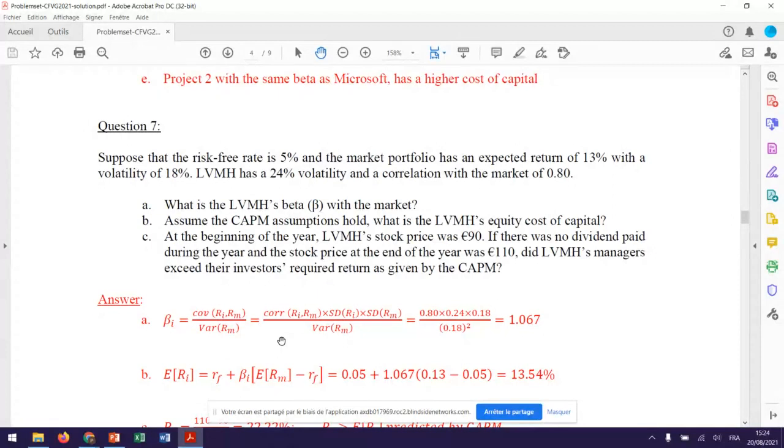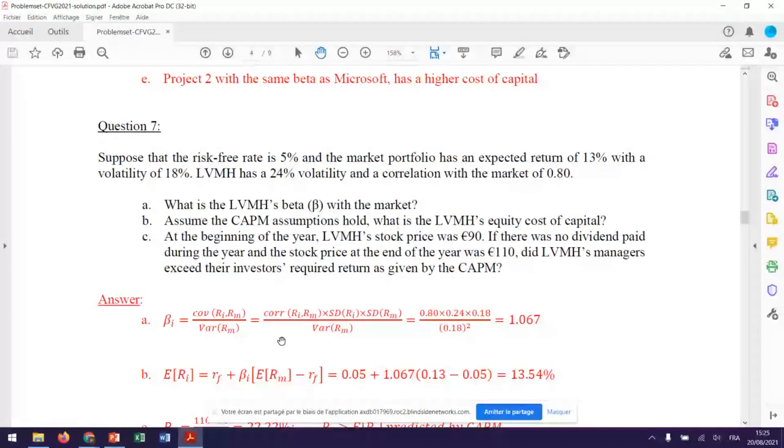that investors may expect. Assume that at the beginning of the year, the LVMH stock price was 90 euro. If there was no dividend paid during this year, the stock price at the end of the year was 110. Did LVMH managers exceed their investors' required return as given by CAPM?